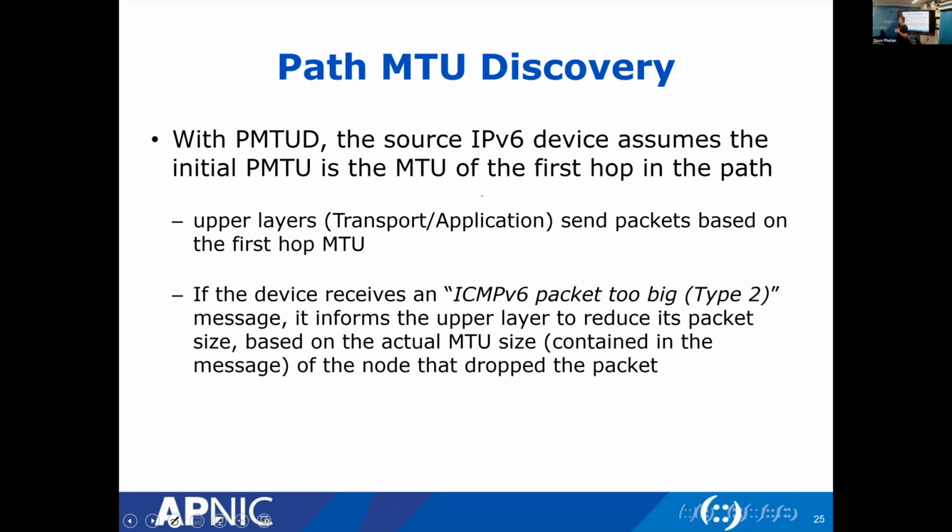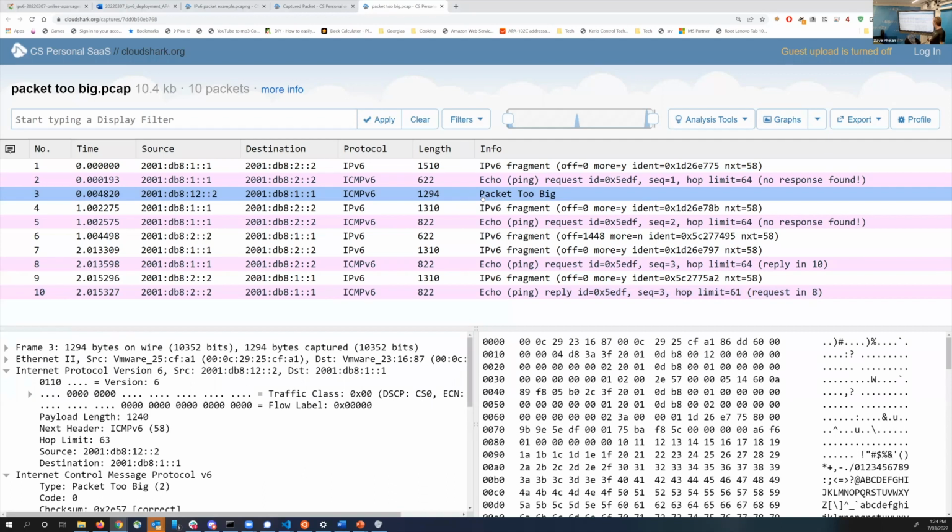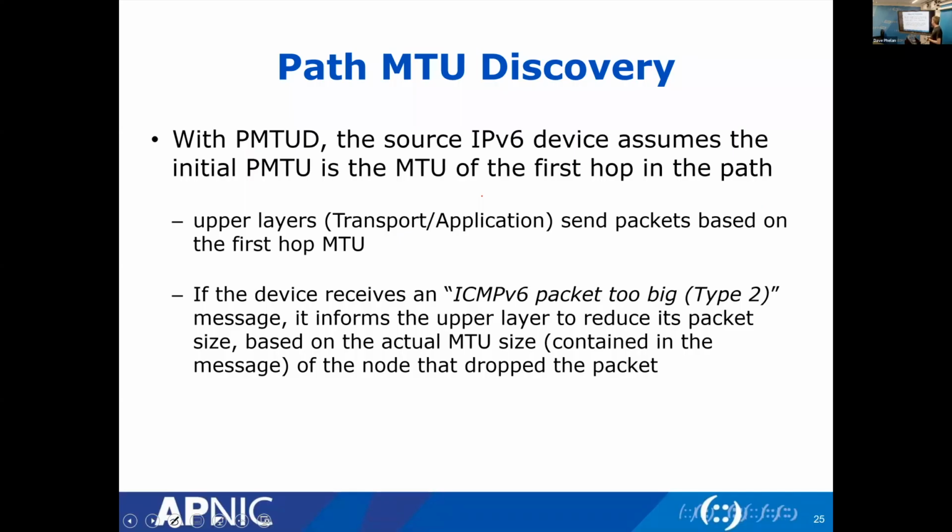All of the upper layers, layers 4 through 7, will send packets based on that MTU. If they receive that device too big, so this one back over here, they get this packet too big message, they know they need to chop it down again. So the source will then go back and size it accordingly.